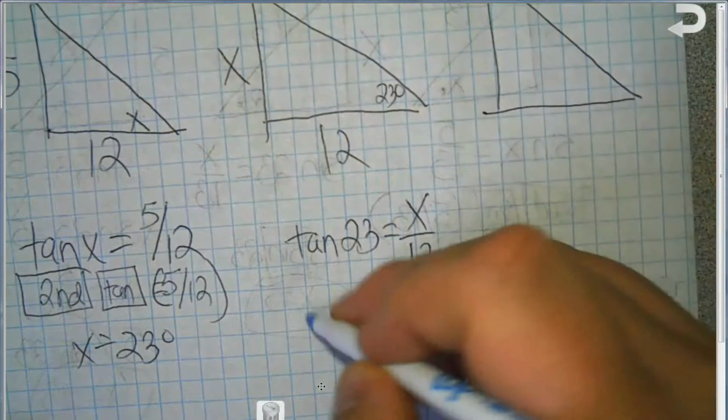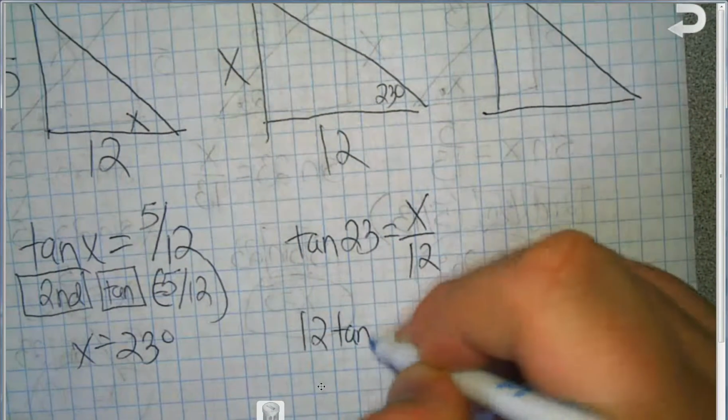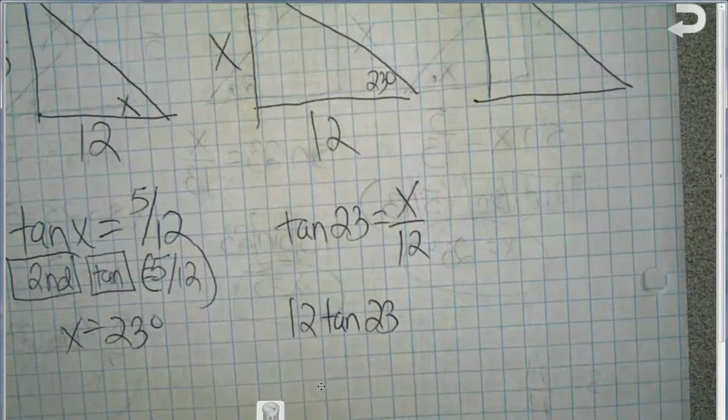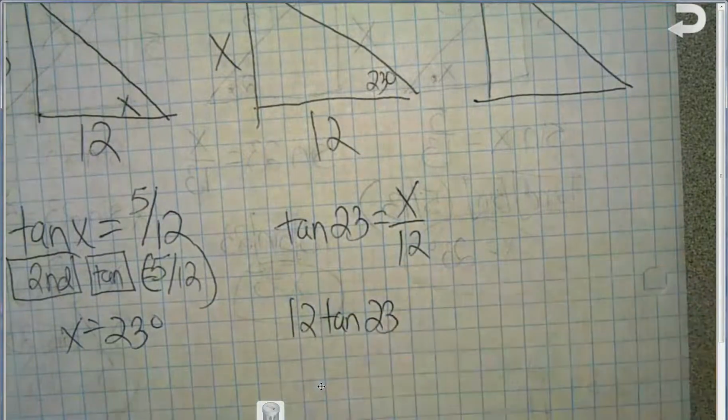We're going to multiply 12 times the tangent of 23. And don't we get 5? Yeah.